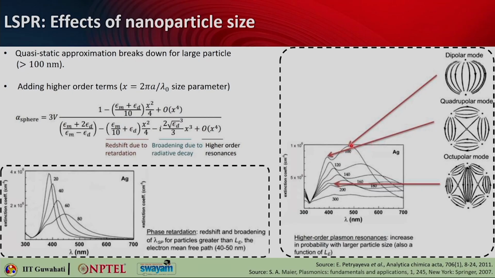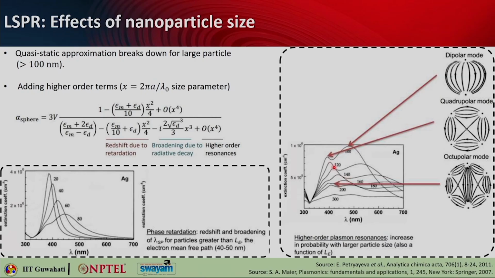Here also you can see the dipolar peak, and at higher energy you get another peak, and with larger particles both the higher energy peak and the dipolar peak are getting redshifted. So, this one got shifted here, this one here, and with further increase, this got shifted here.